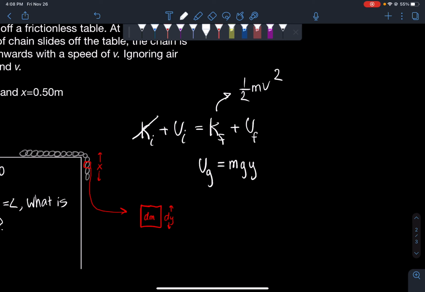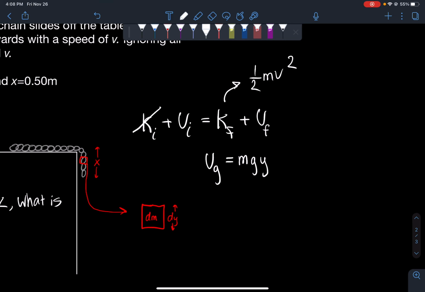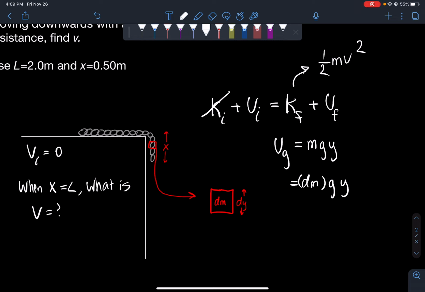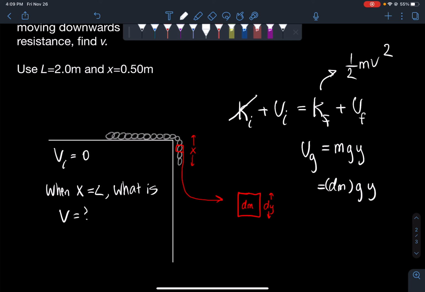So this piece of the chain is going to have some gravitational potential energy of dm times g, not dy though, it's just going to be y, because y is our variable, right? And this thing is falling off the table, and y is going to be different for every piece of chain. So I'm going to call this distance, or this height, my reference height.